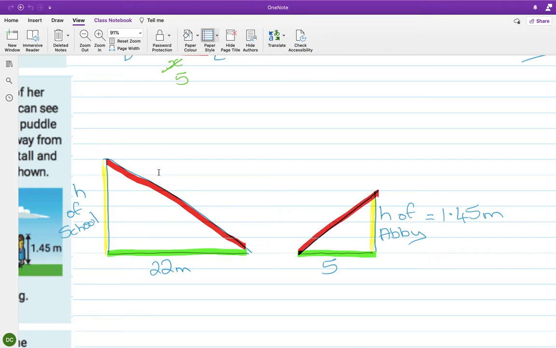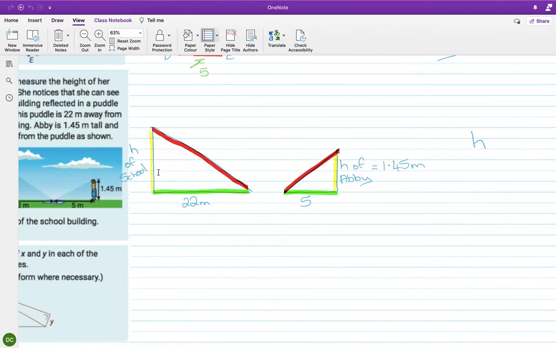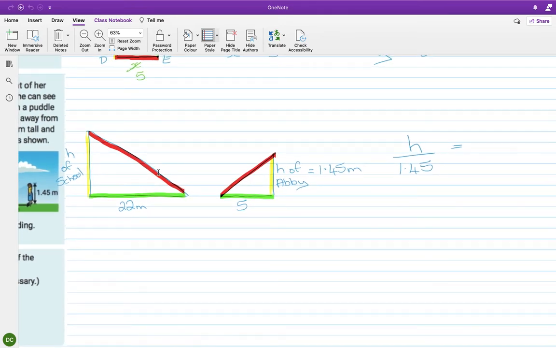Okay, so I'm going to go big over little again. So I'm going to go h for the height of the school over the corresponding side, which would be the height of Abby, so 1.45 equals, so there's no point in using the red sides because we don't know them. So I'm going to go big triangle over little triangle, which would be 22 over 5. Yeah?